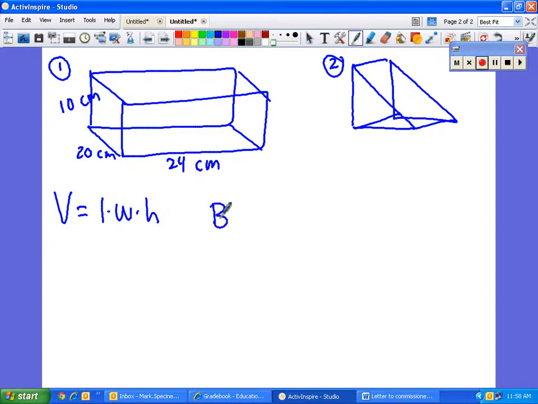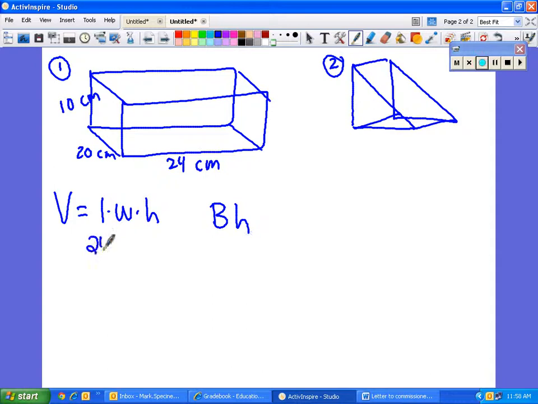Or, as it says on the reference sheet, capital B, the area of the base. But what is the area of the base of a rectangle? Length times width. You take your 3 numbers. Does it matter which one I designated the length or the width? No, it doesn't matter. We're multiplying all 3 together.